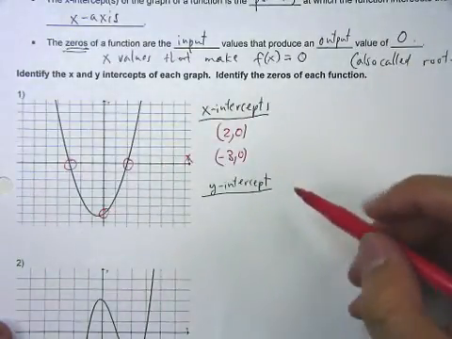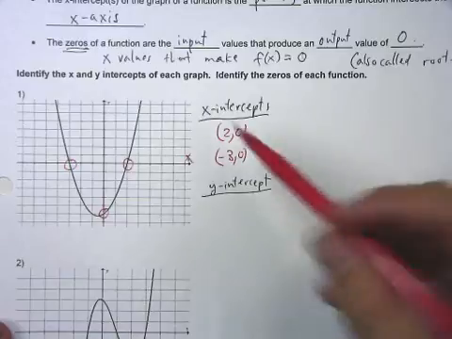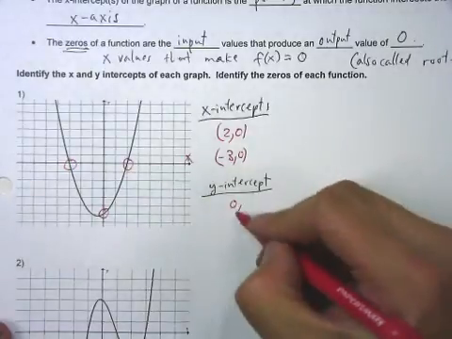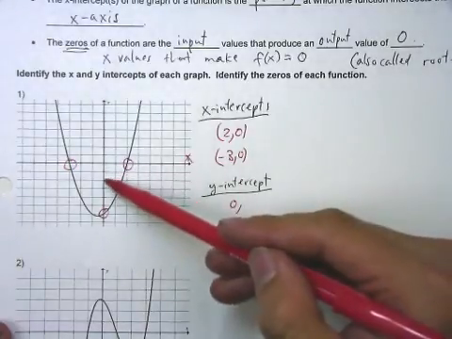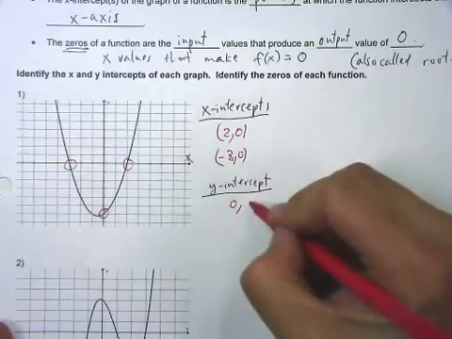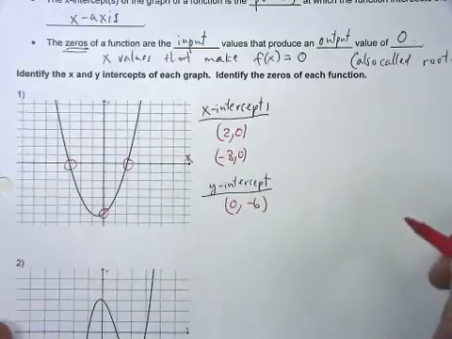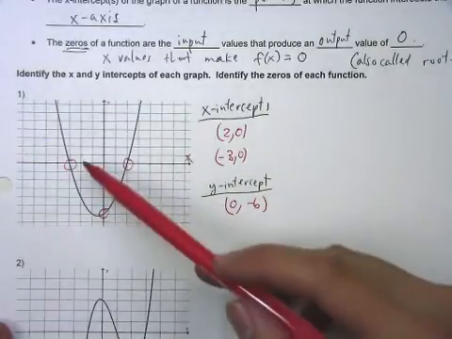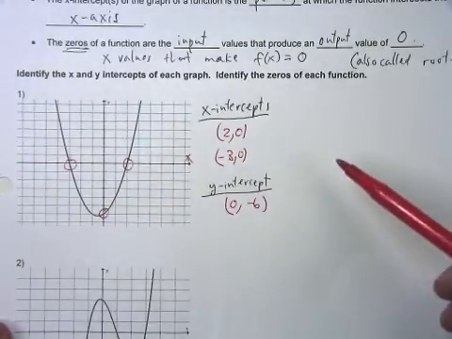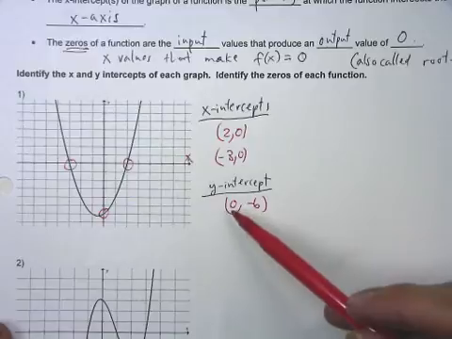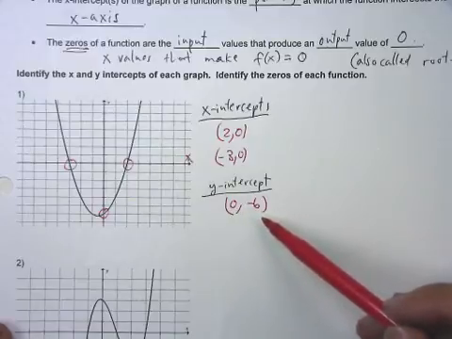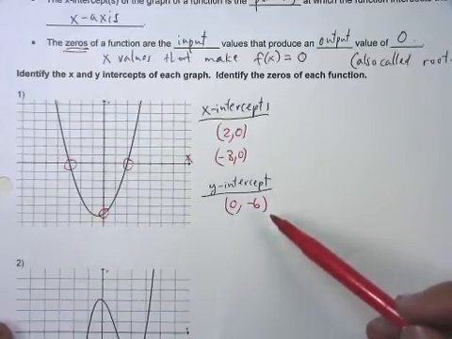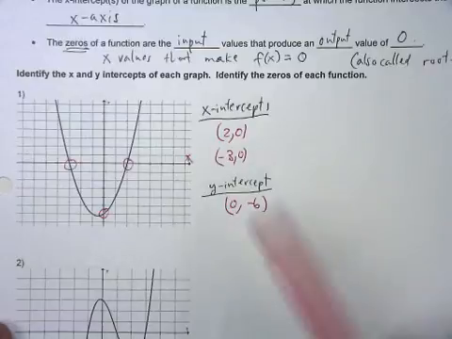So my y-intercept is that point, which is (0, -6). So the x-intercepts are these two points, (2, 0) and (-3, 0). The y-intercept is (0, -6). One thing to notice, actually, I'll save that to the end. Let's move on.